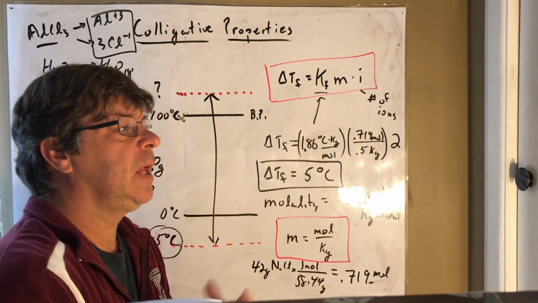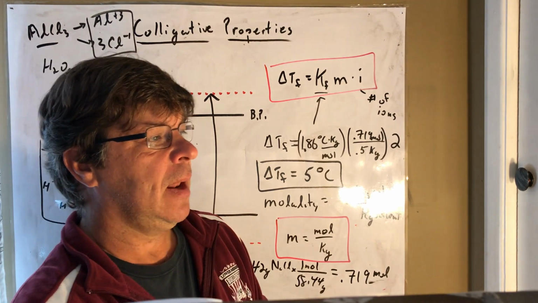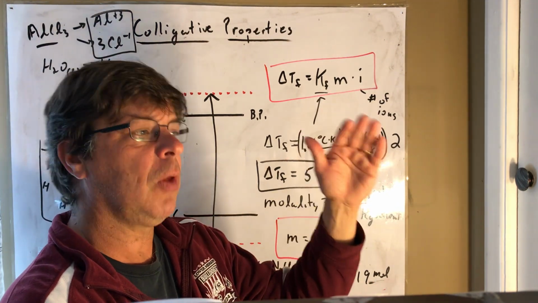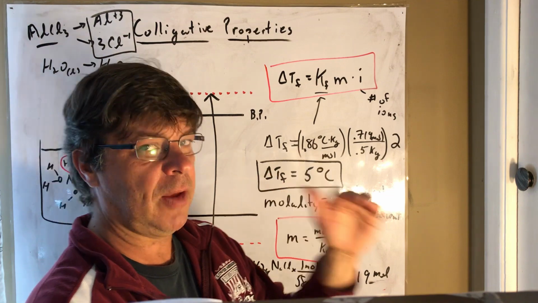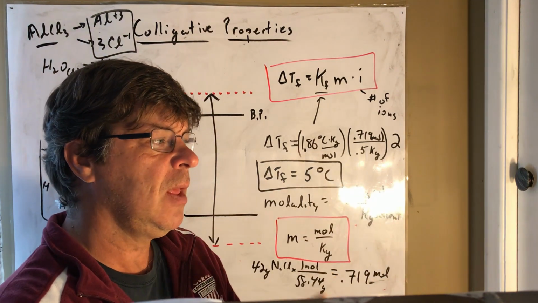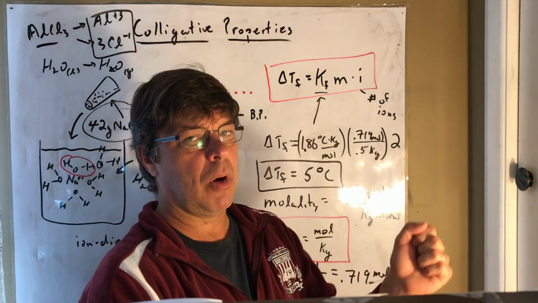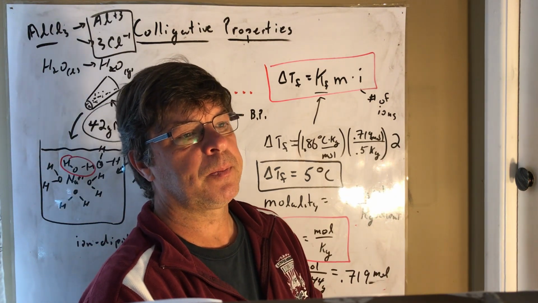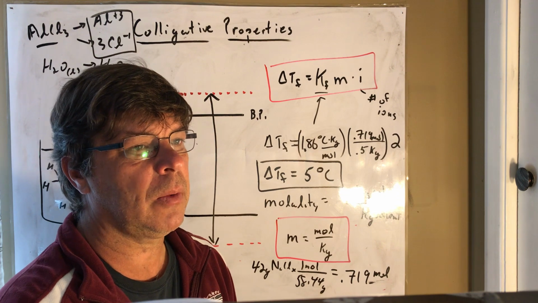What makes this a colligative property is that the only thing that dictates the rise in boiling point or the lowering, the depression of the freezing point is the number of particles. The concentration of those particles.